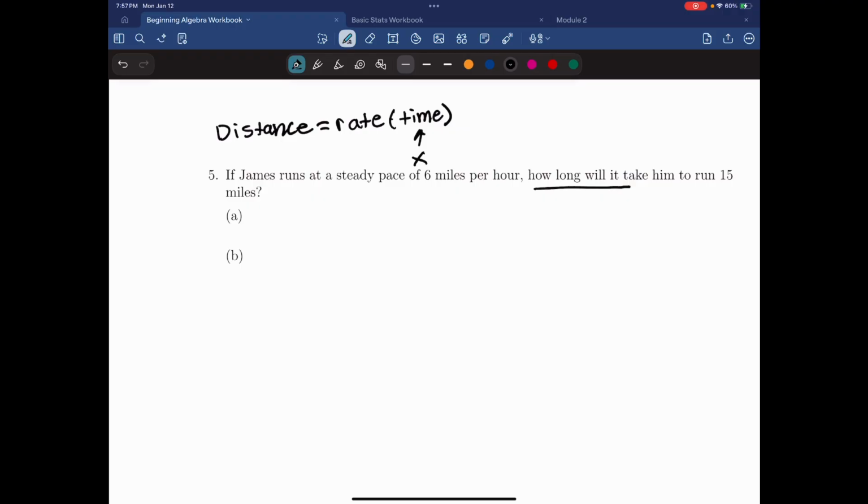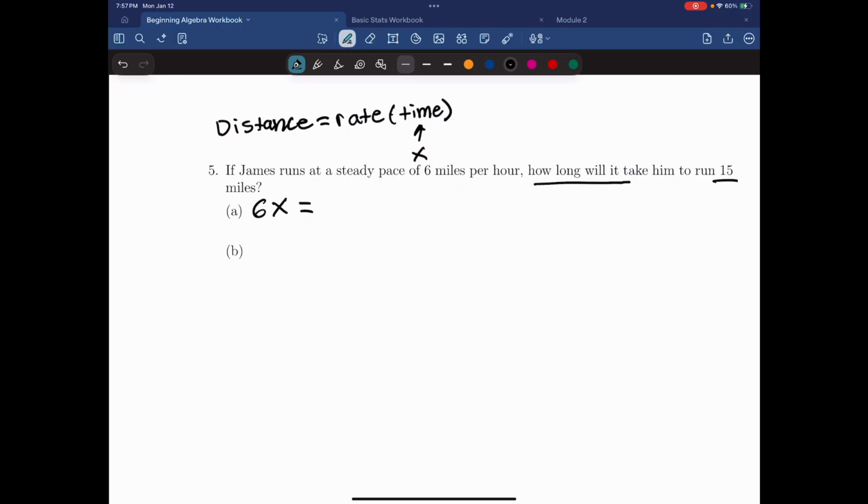So let's do that. We know that James runs at a steady pace of 6 miles per hour. So we're going to do 6, and then we want to know what x is. So 6 miles per hour is our rate. We want to know what x is, so rate times time. We're going to set that equal to our distance, which is specifically 15 miles.